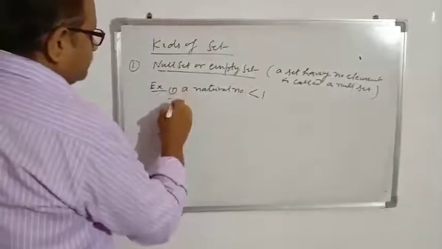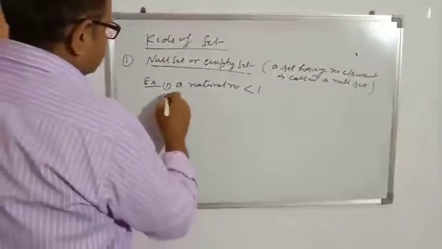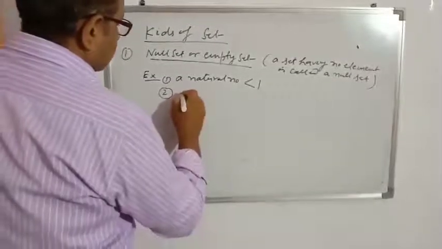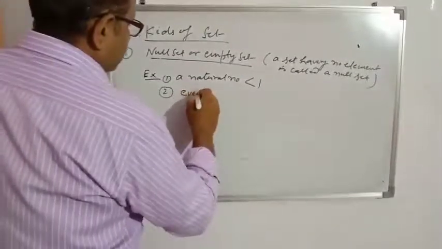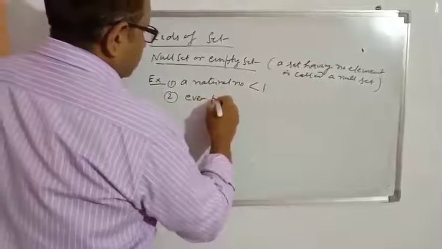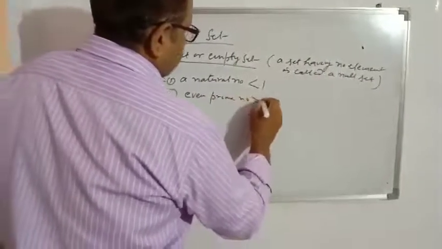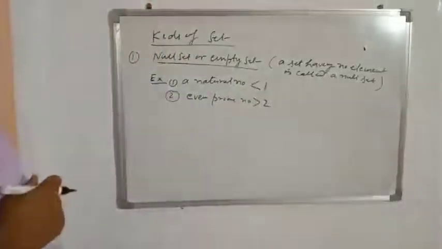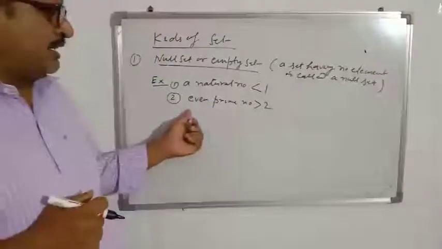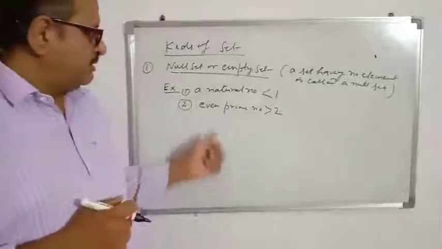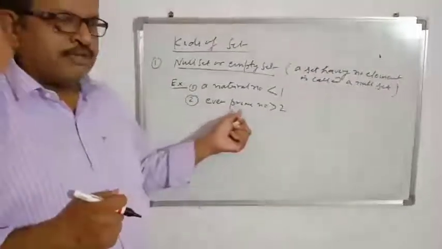Next example. Even prime number greater than 2. We know that no such prime number is there.